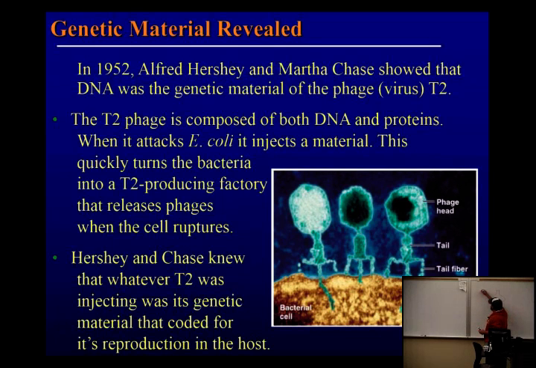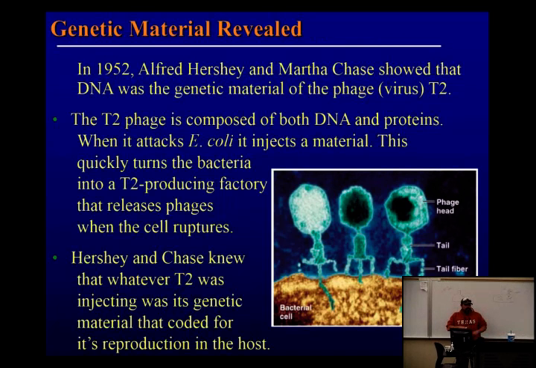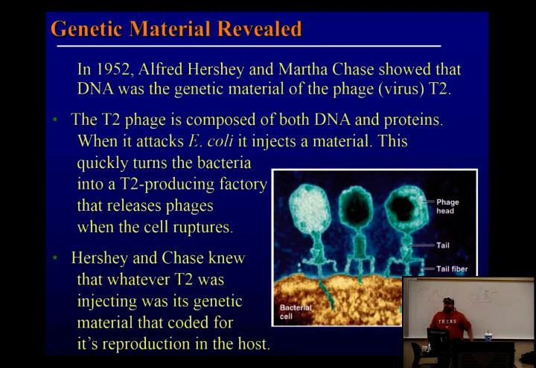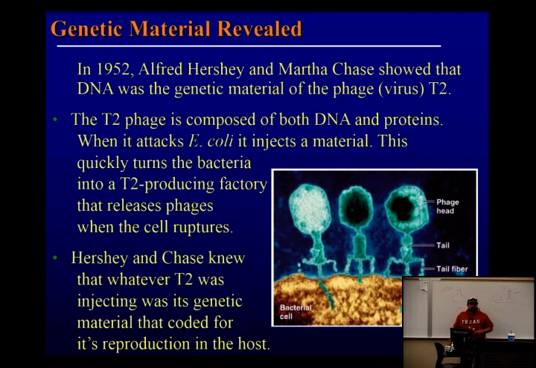So one of these elements is unique to DNA. It's not found in protein. What element is found in DNA but is not found in protein? I pointed this out in chapter 4. It's the nucleotide. So that's a periodic table of elements. What element is unique? It is. It's the phosphates. So DNA contains phosphates, but proteins do not.